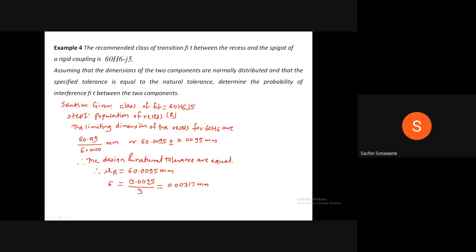Now we'll find out population of spigot. Step 2.